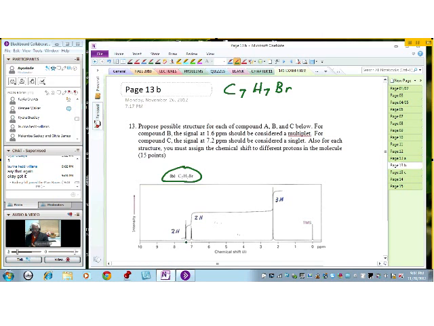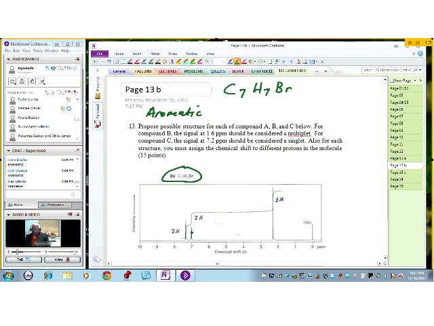If you look at this region here, remember what I told you, what do you find in this region? Can anybody tell me? What kind of fragment do you expect in this region? If you look at your chart, benzene type molecule, what they call aromatic molecule, right? Okay, very good.